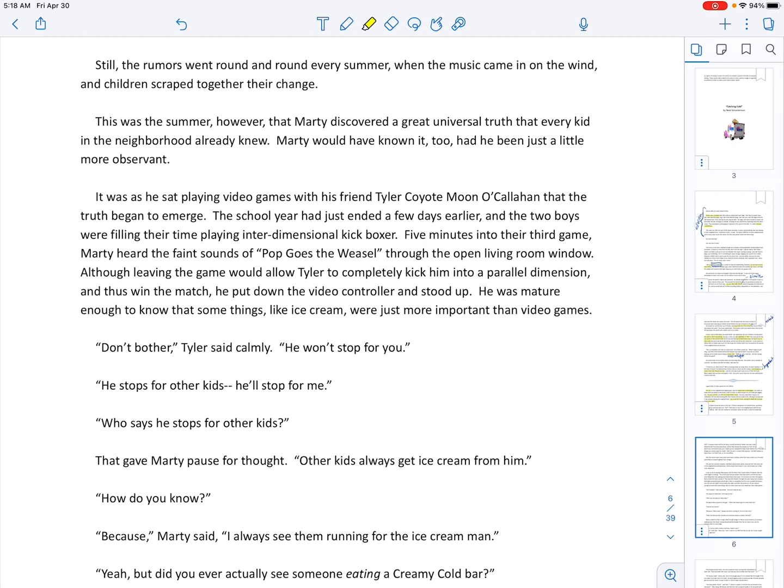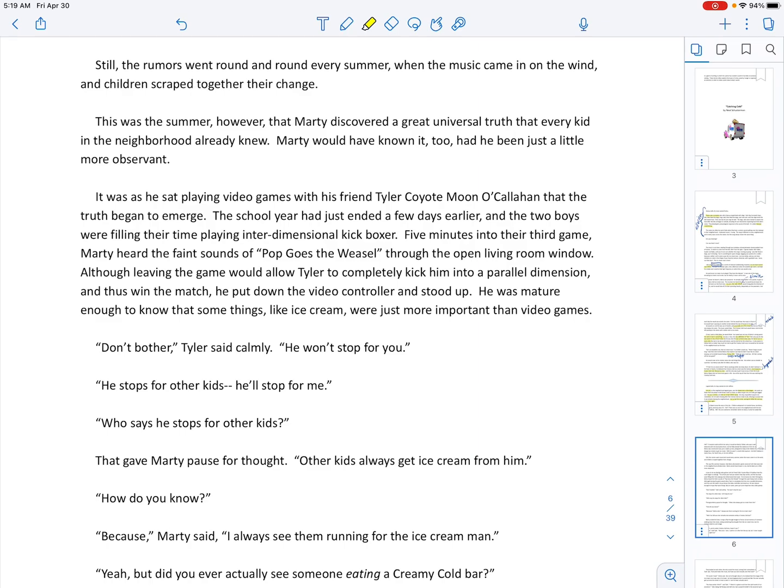Still, the rumors went round and round every summer when the music came in on the wind and children scraped together their change. This was the summer, however, that Marty discovered a great universal truth that every kid in the neighborhood already knew. Marty would have known it too, had he just been a little more observant. It was as he sat playing video games with his friend Tyler Coyote Moon O'Callahan that the truth began to emerge.